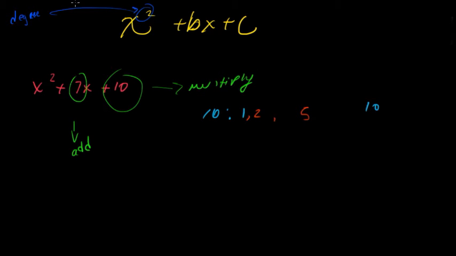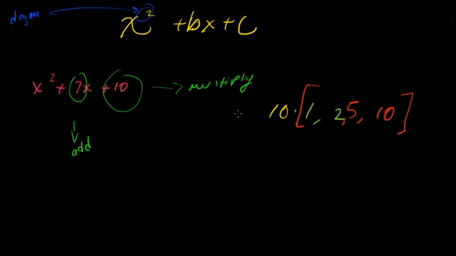Okay, so let's do something with this information here. Let's write this a little bit closer together. 10, what were those factors? 1, 2, and 5, and 10. These are my factors of 10 here. We want to find two factors that will multiply to 10, which they do because they're factors of 10, but we want to find them so that they add to 7.